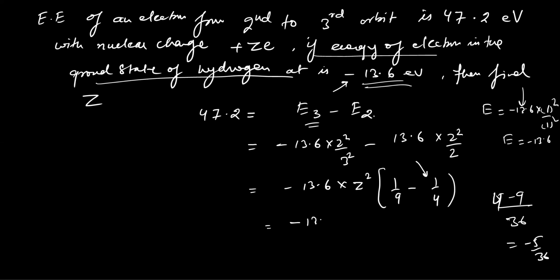Yes, sir. Minus 13.6 into Z square into minus 5 by 36. The minus minus will become plus, and this is 47.2.